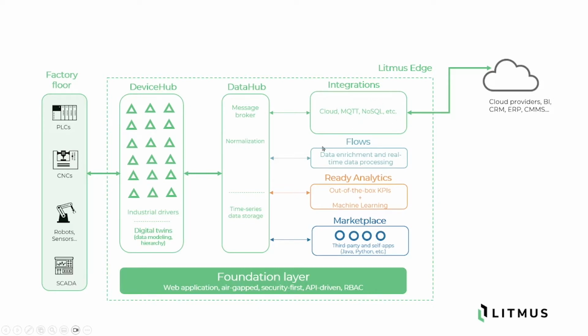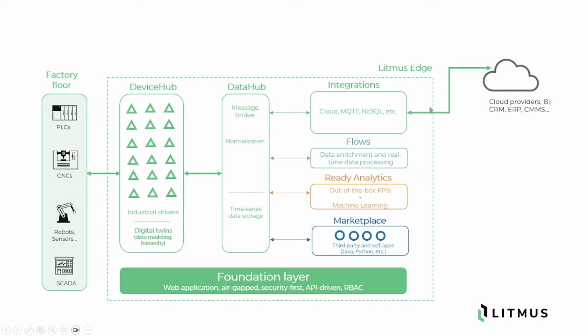So you could actually start architecting this however you want, because we can communicate from message broker to message broker, which allows you to be very flexible with your use cases and architecture to meet pretty much anybody's needs. We also have features such as digital twins, where we can create a data model that can then be used with integrations to send to the cloud or other devices as well.